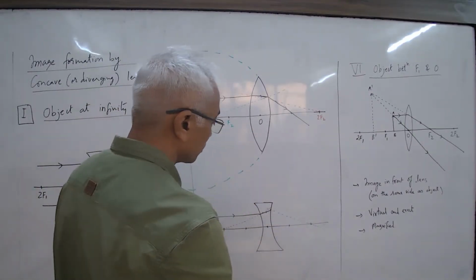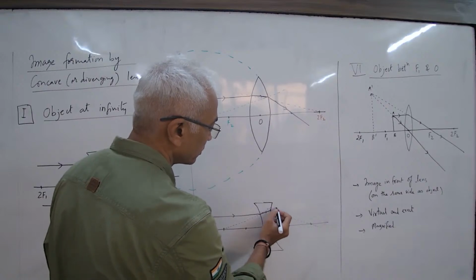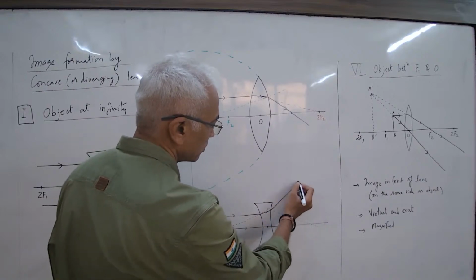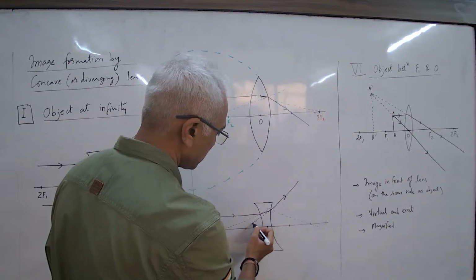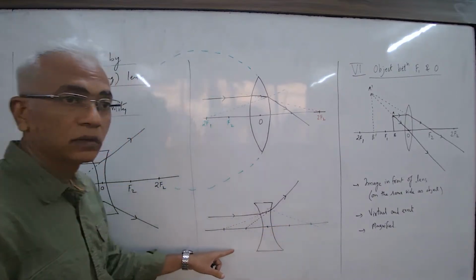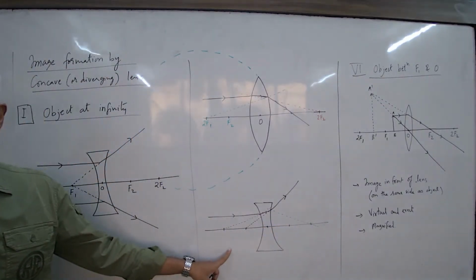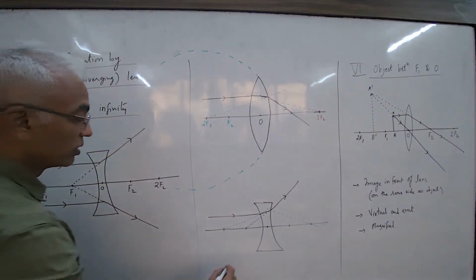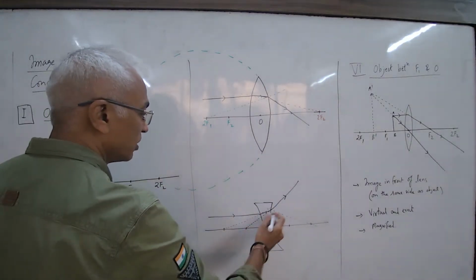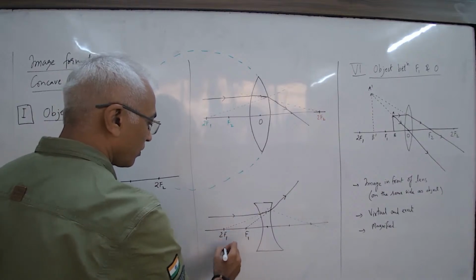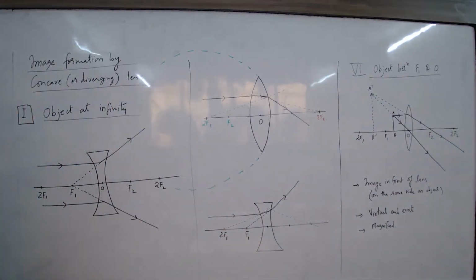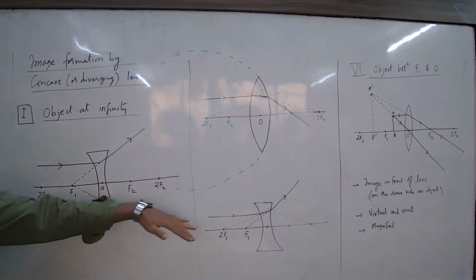It will further go away, such that when extended backward, somebody who sees from here feels that it is coming from F1. So this is the funda. This is exactly how it is happening.